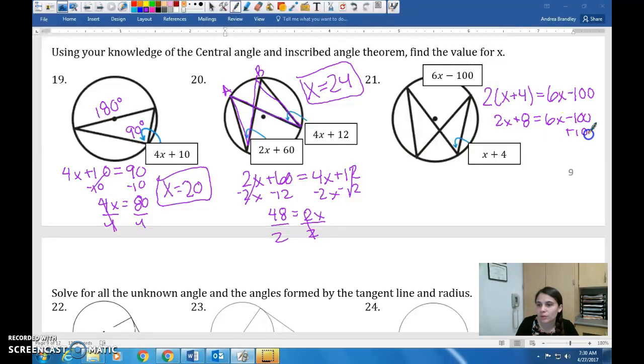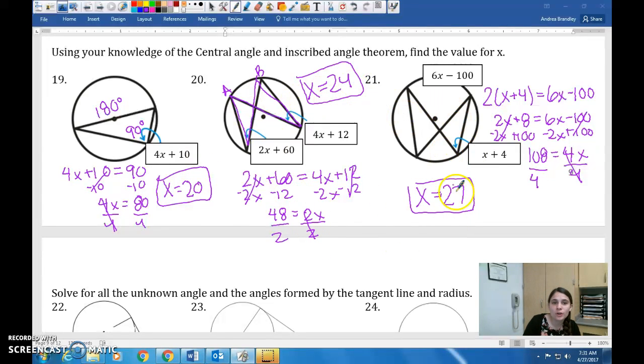I'm going to add 100 to both sides, subtract 2x from both sides, and I get 108 is equal to 6x minus 2x, which is 4x. I divide by 4, and 108 divided by 4 is 27, so x equals 27. So there's a couple more examples of how we can use these theorems.